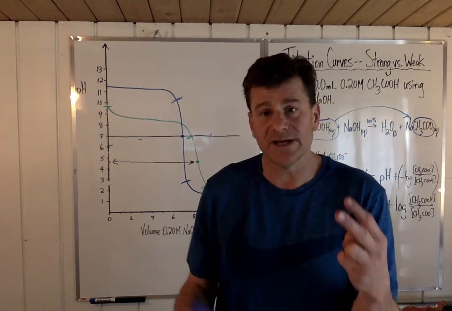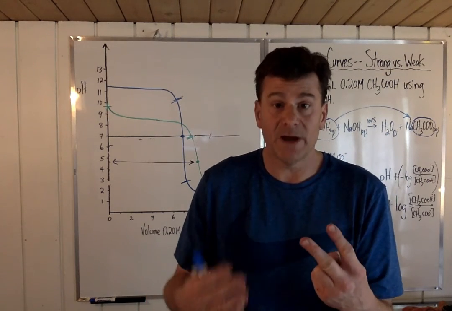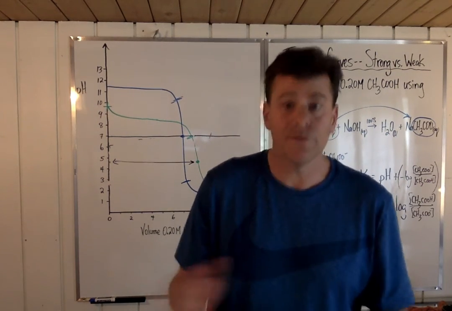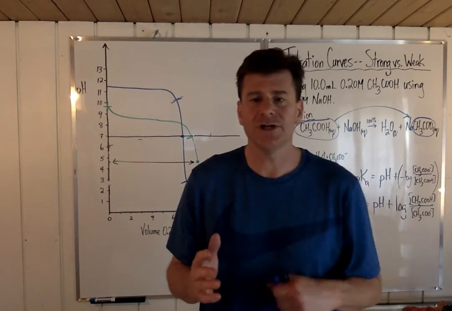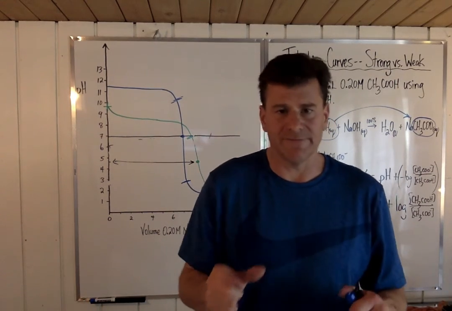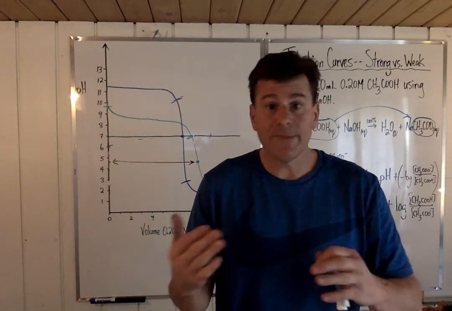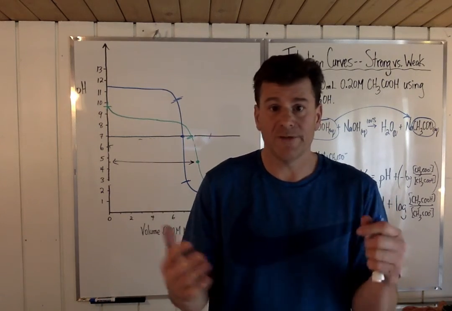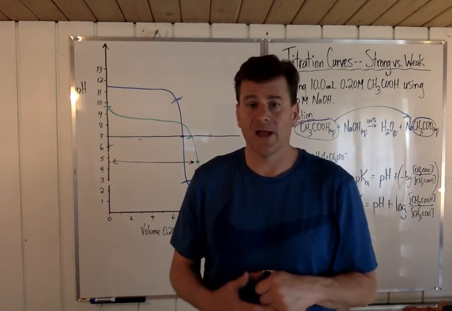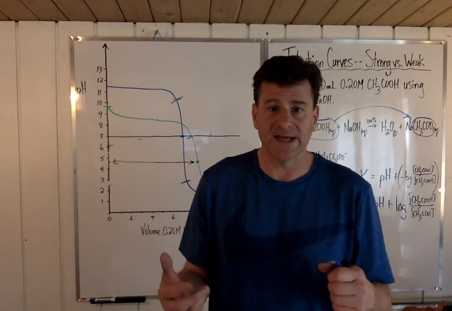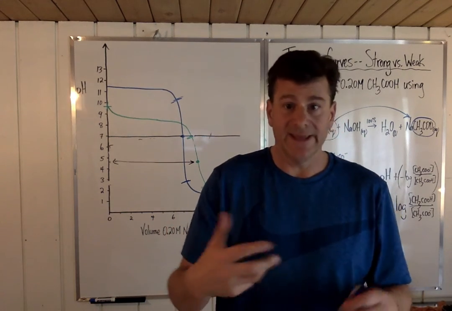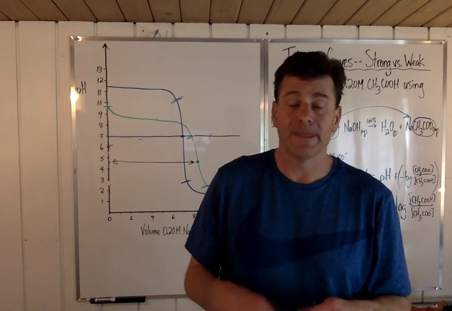The second feature is the presence of the buffer zone. Halfway to equivalence, halfway to the steep section, you're going to see a plateauing effect. May or may not be super obvious or super dramatic, but if you've got a weak acid or a weak base being titrated, it will more than likely be there.